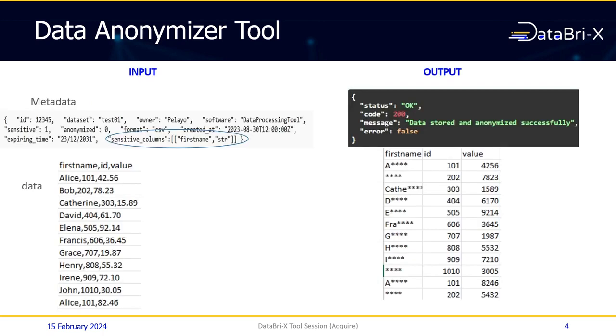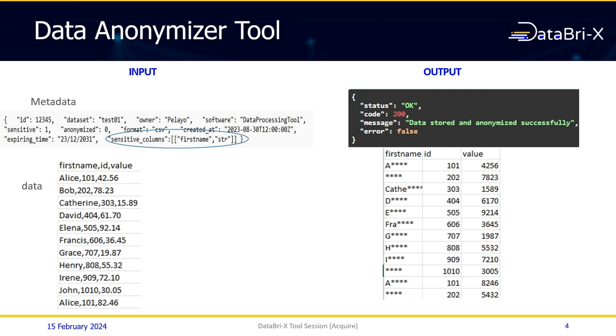We'll see now how it works, the input and output of the tool, where the input of the tool will consist of these 2 parameters, which are the data and the metadata, where the metadata will be handling all information about the dataset, as you can see in the image on the left. Also, it will include the sensitive columns list, which will list every sensitive column in the dataset, which is very useful for very large datasets with lots of columns.